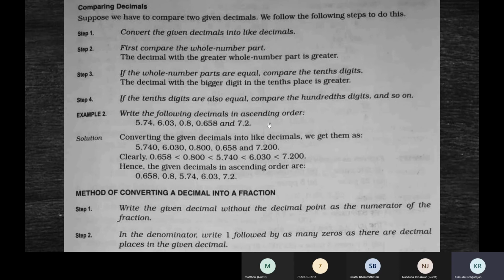In this case it's easy, but you should always convert the decimals to like decimals and then compare.